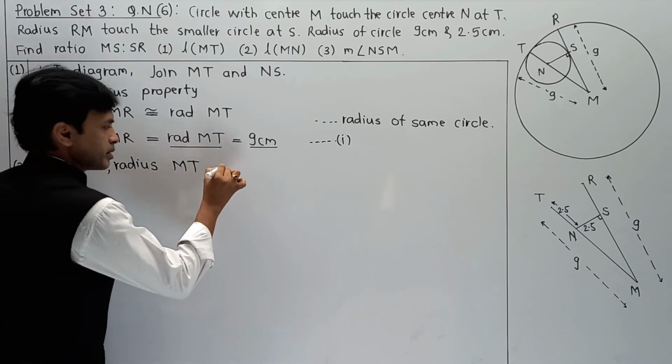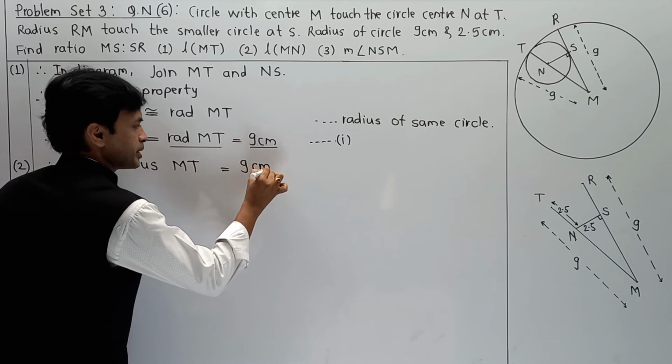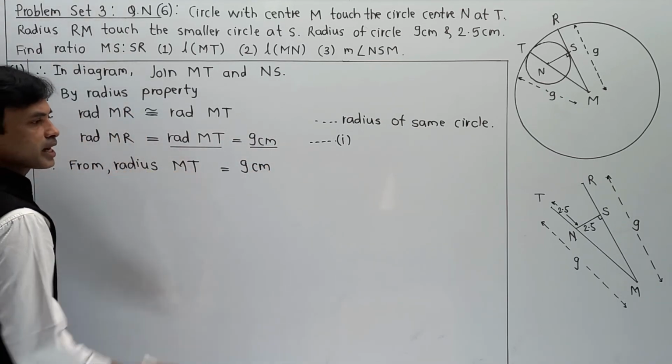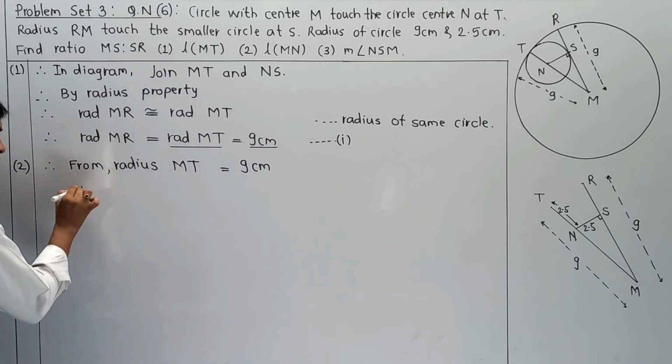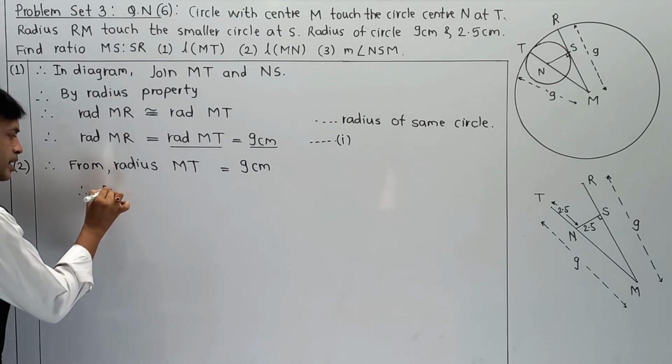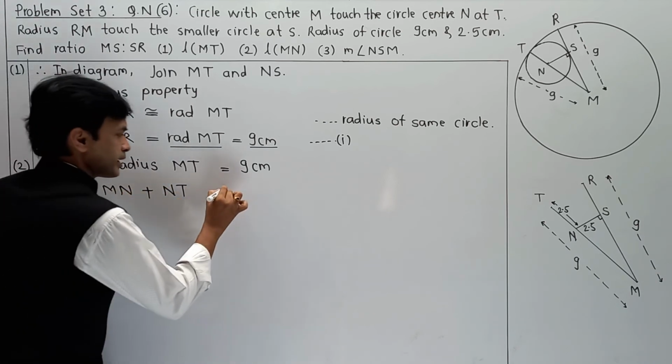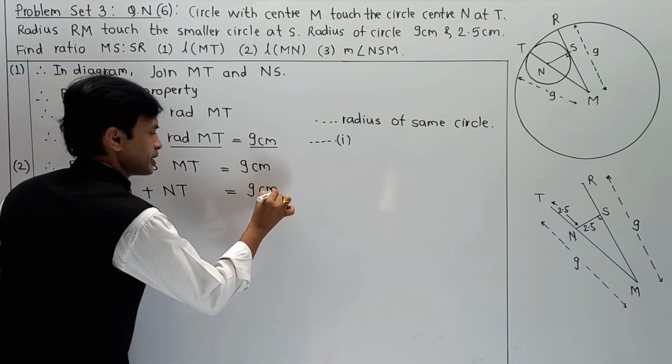So I am going to write radius MT, that is 9 centimeter. But how does this radius MT get formed? This radius MT is the addition of MN plus NT, and that is equal to 9 centimeter.